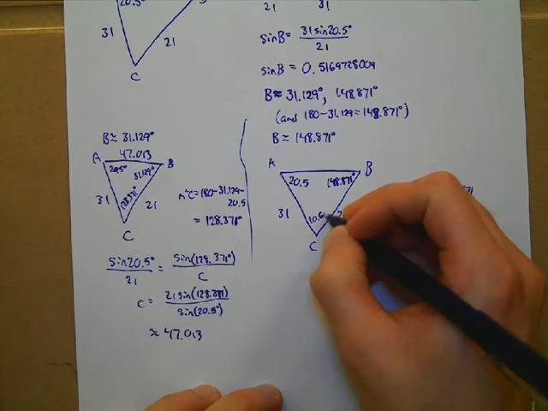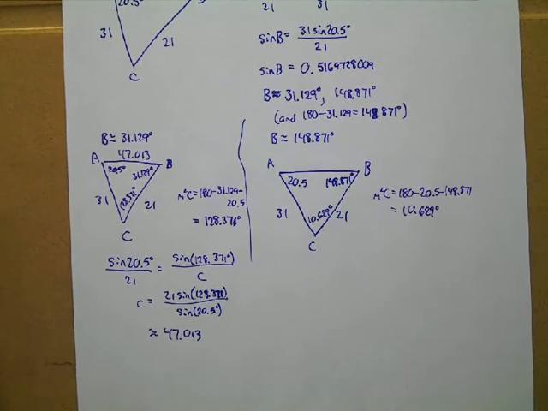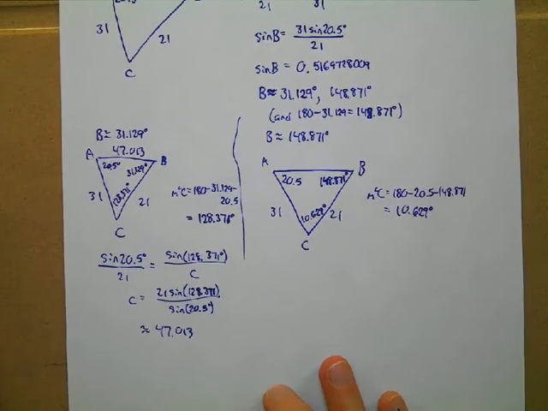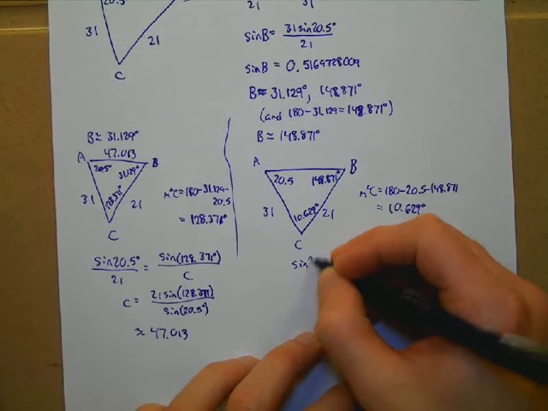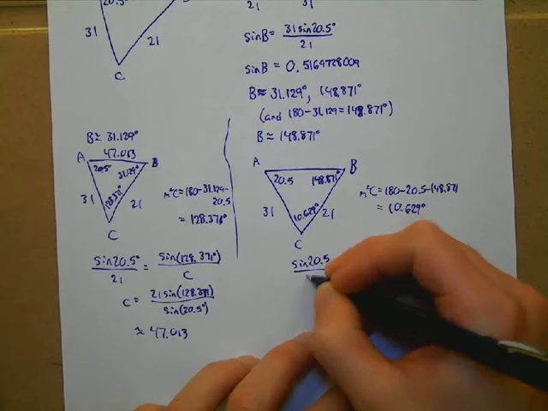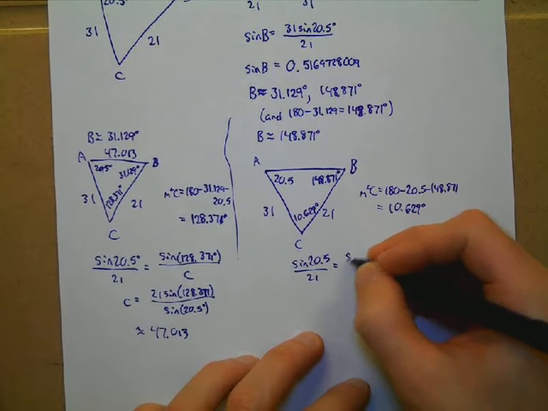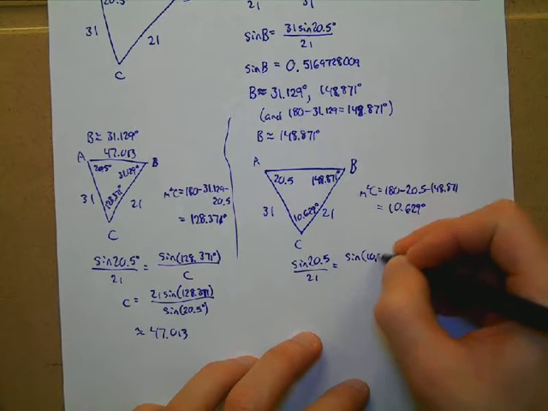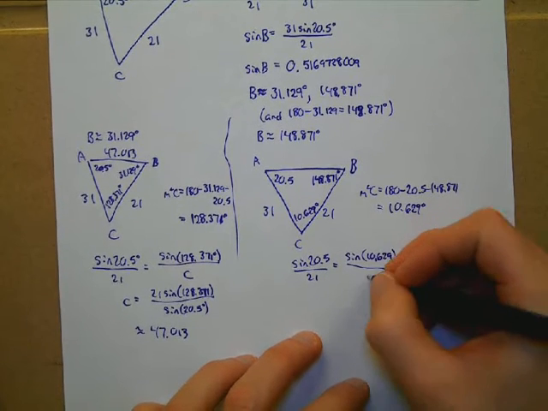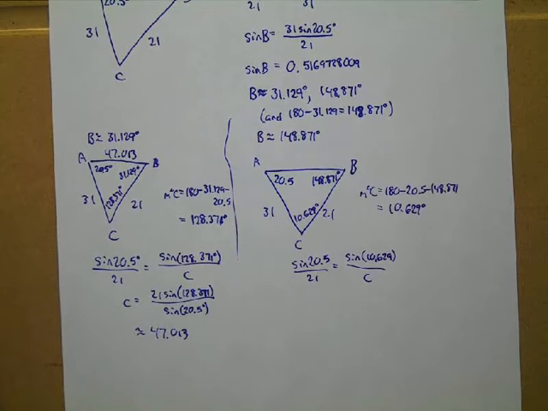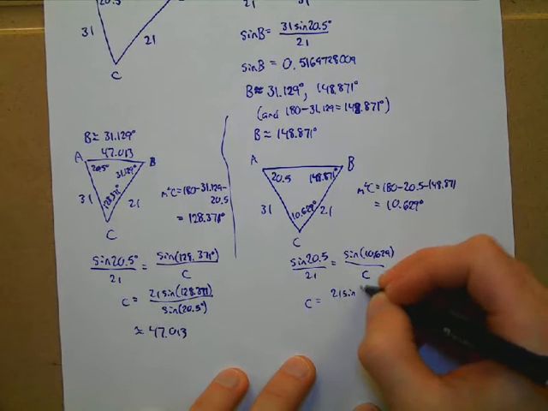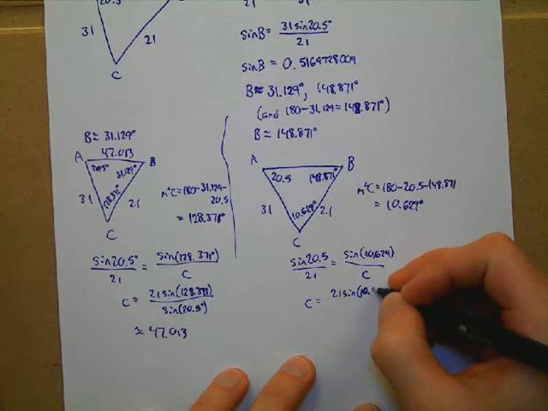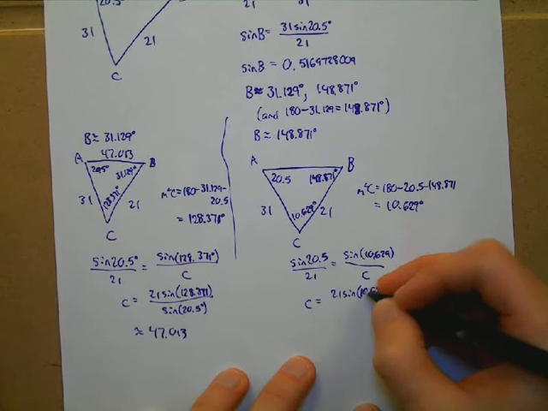Cross multiply and solve, and I get about 11.060.